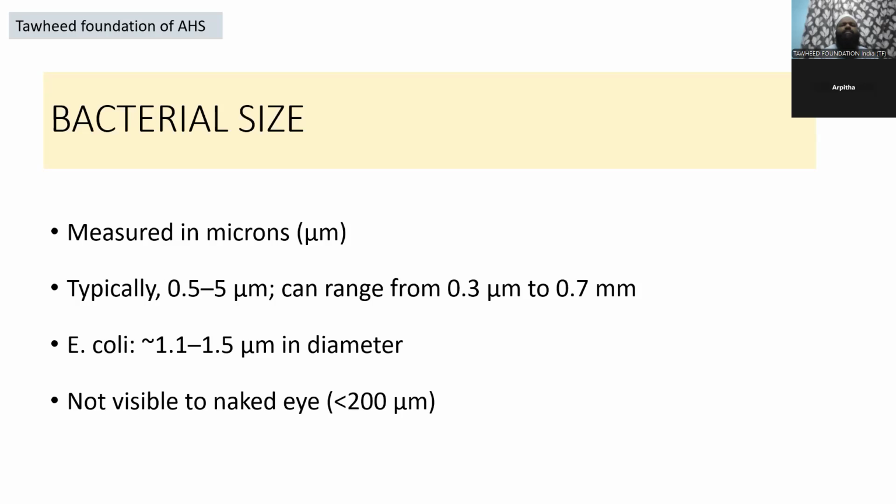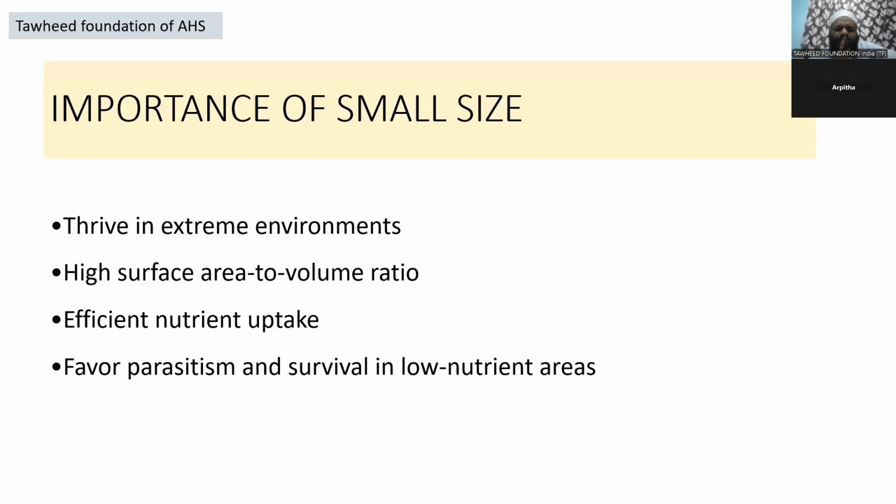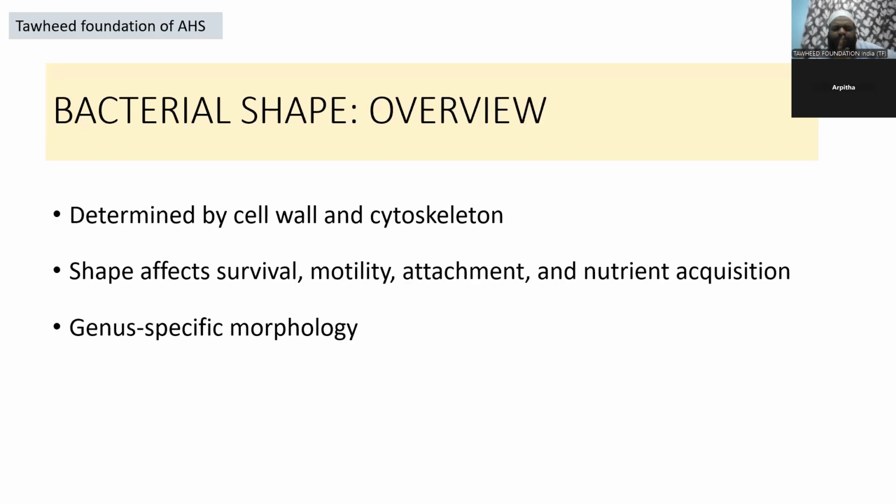A high surface area to volume ratio allows the bacteria to take up nutrients required for survival, steady growth and reproduction. Importance of small size: they thrive in extreme environments, have a high surface area to volume ratio, efficient nutrient uptake, and favor parasitism and survival in low nutrient areas.